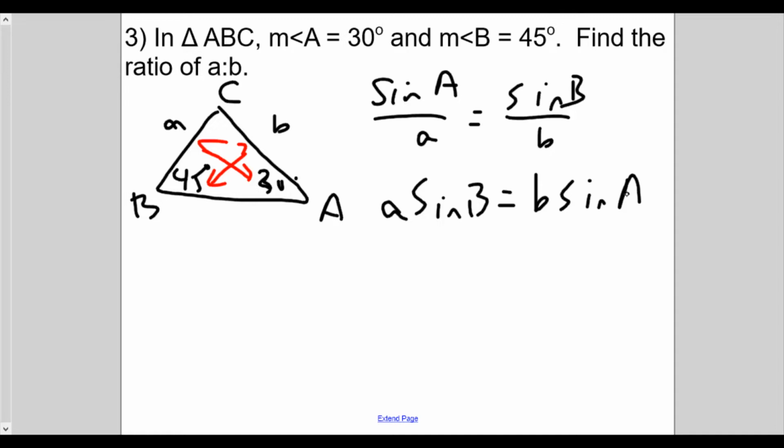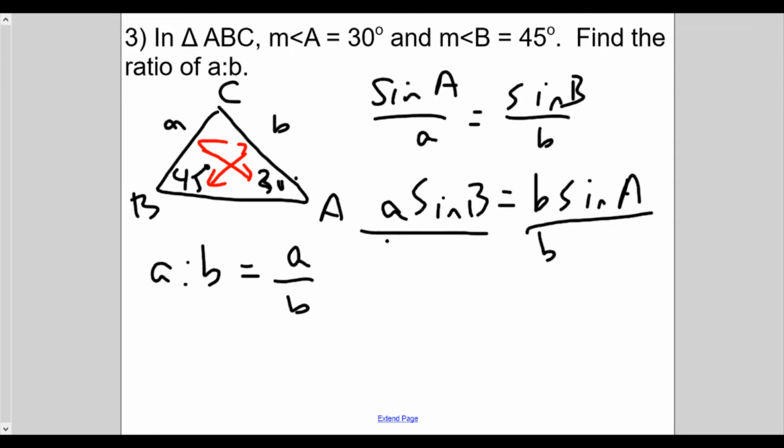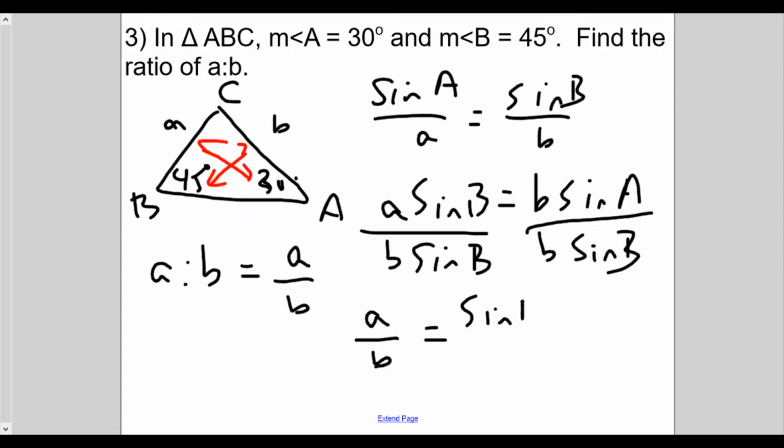We're looking for a ratio of A over B, or A to B, because A to B is the same as the fraction A over B. So we're going to divide both sides by B. Then to get A over B by itself, we divide both sides by the sine of B. So that means in this case, the ratio A over B is equal to the sine of A over the sine of B. Now, in this case, the sine of 30 degrees over the sine of 45 degrees.